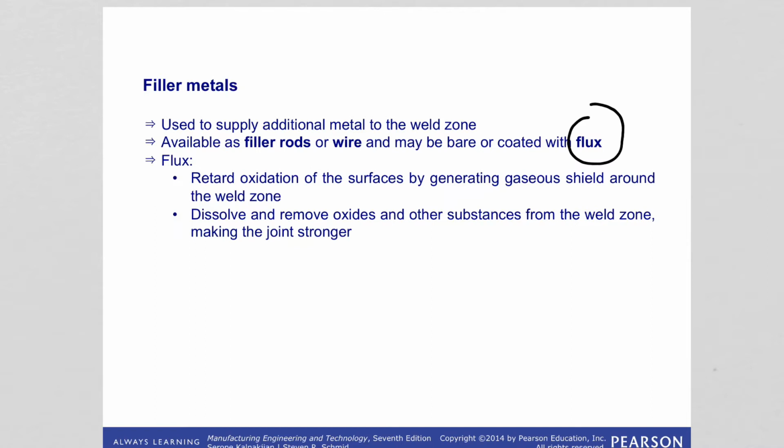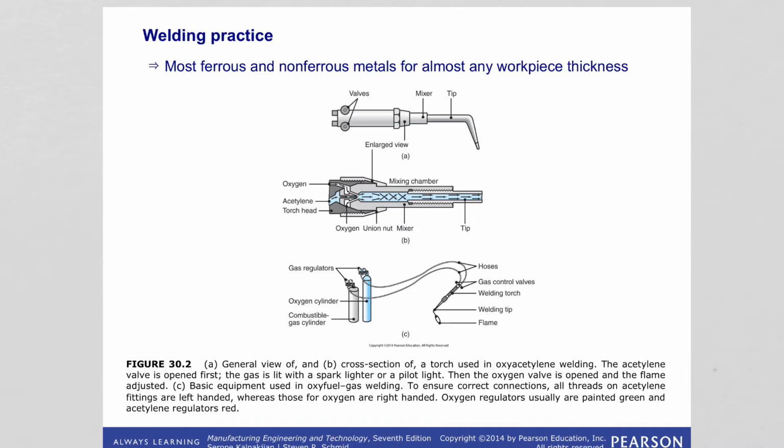Can prevent further oxidation during the welding process, which are all helpful, basically making the joint stronger, forming a better bond between the joining surfaces. As we have said, this technique can be used with most ferrous and non-ferrous metals for almost any workpiece thickness.